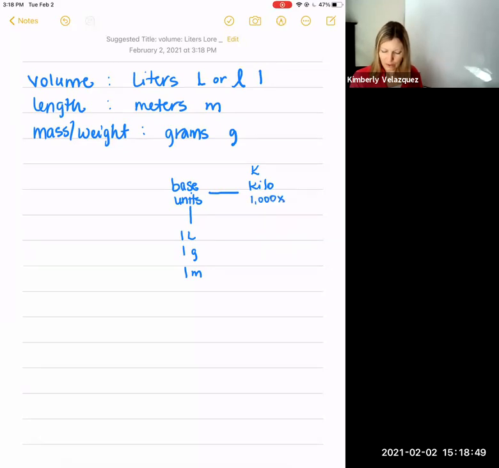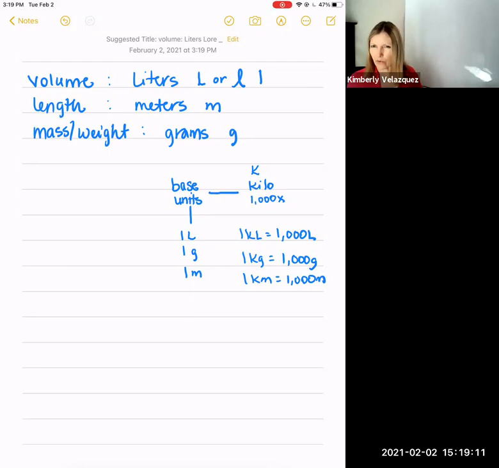So 1 kiloliter is going to equal 1,000 liters. 1 kilogram equals 1,000 grams. And 1 kilometer equals 1,000 meters. So that's the only one for this class that you need to know for getting bigger.